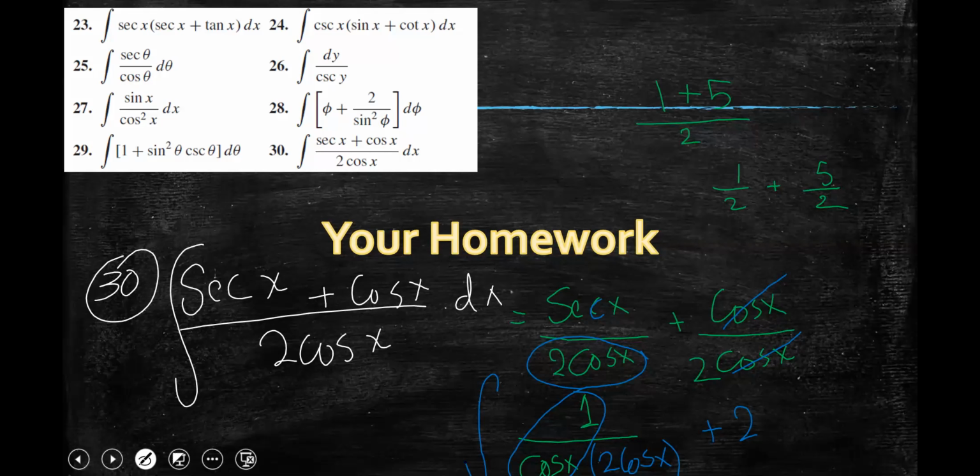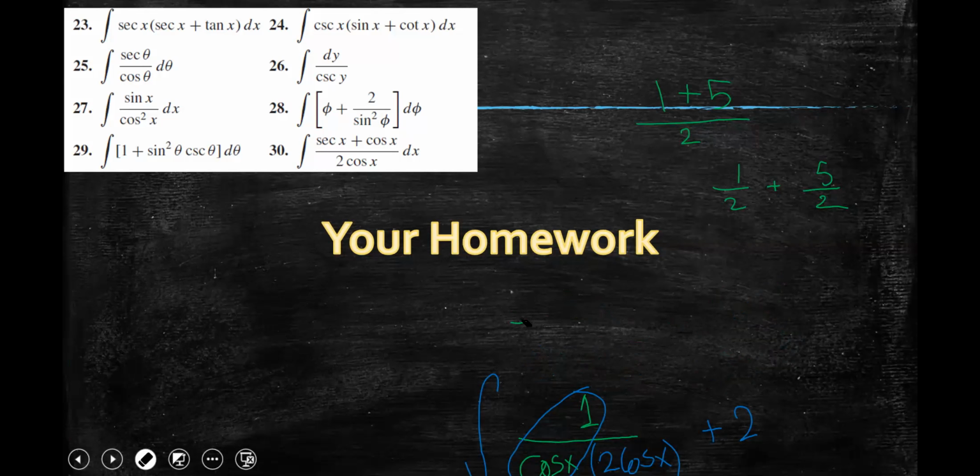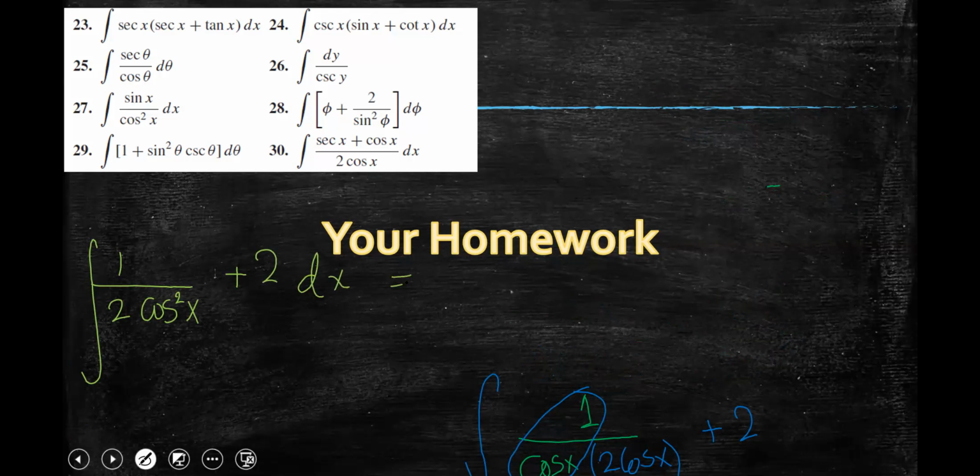Now we have 1 over 2 cosine times cosine, which is cosine squared x, plus 2 dx, which is equal to 1 over 2.